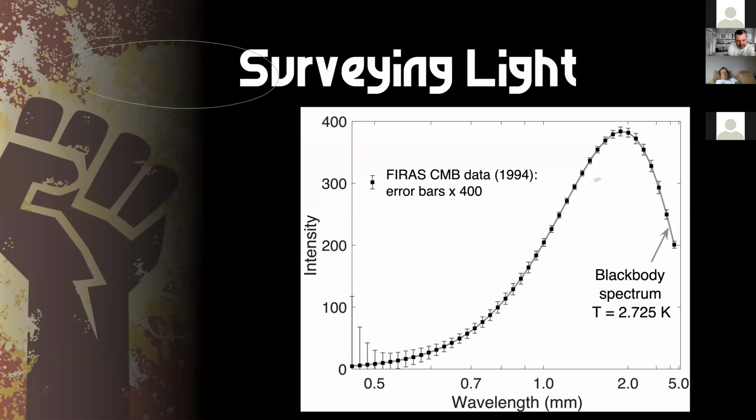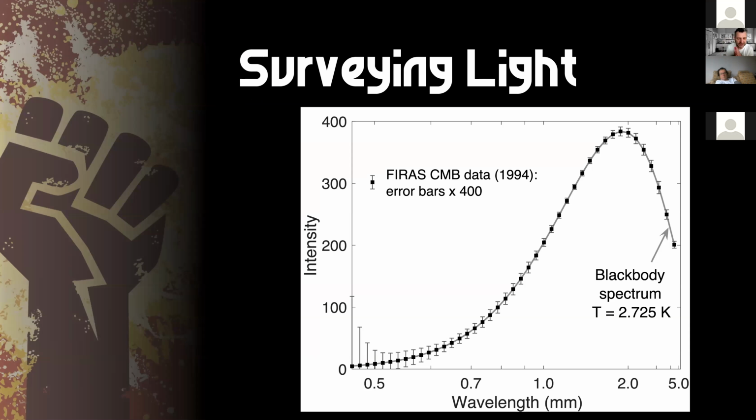And what we've got in here, this is data collected by a particular satellite, measuring the spectrum of the cosmic microwave background. They're the black dots, the error bars. The error bars have been blown up by a factor of 400 to make them visible. Okay? So these are very accurate measurements.